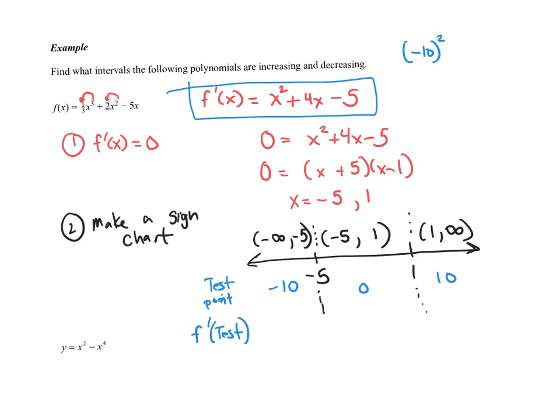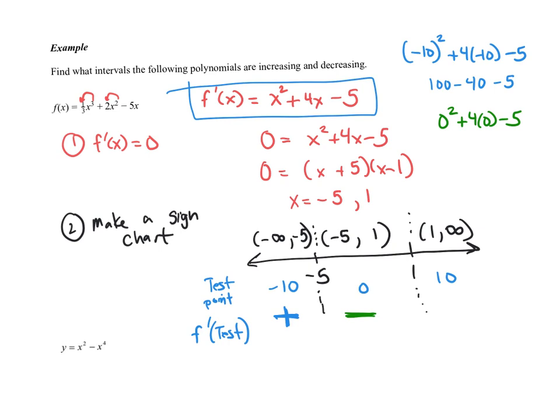So if I plug in -10, I get -10 squared plus 4 times -10 minus 5, which is 100 minus 40 minus 5. That's 55, but I don't really care. All I care about is it's positive. All I care about is the sign. That's why we call this a sign chart. If I plug in 0, 0 is really easy because I get 0 squared plus 4 times 0 minus 5. So that is negative.